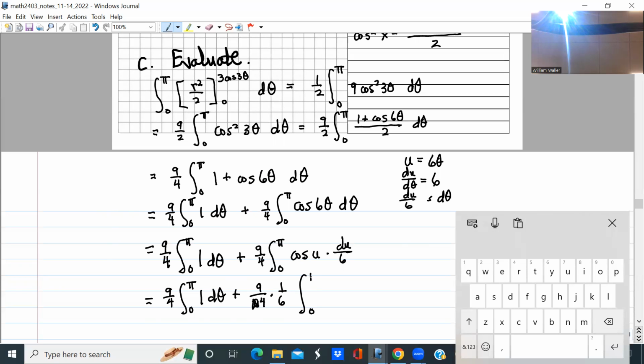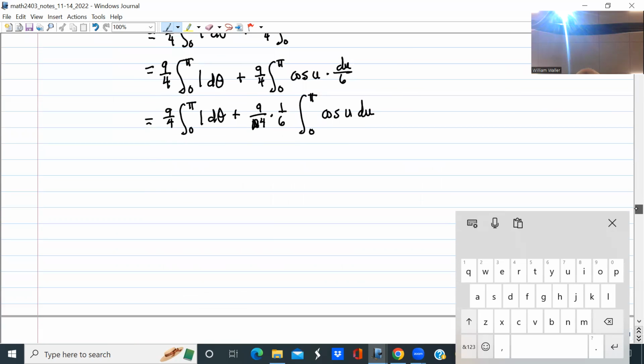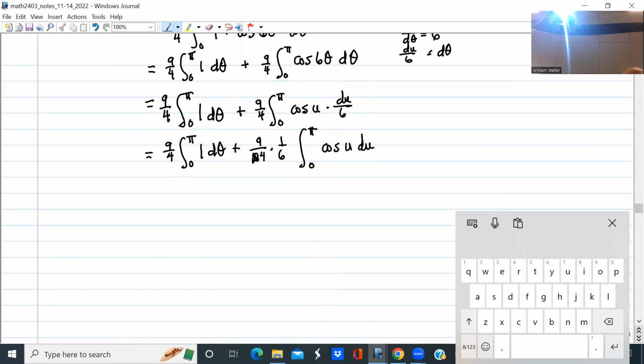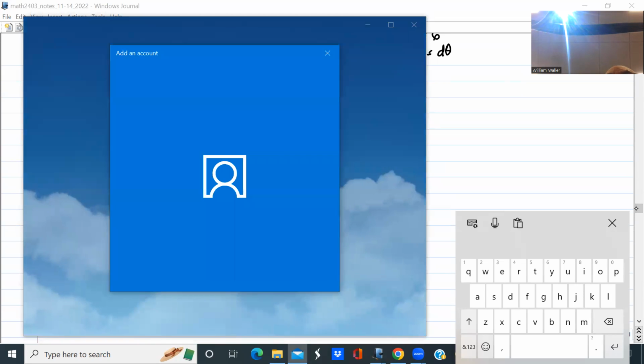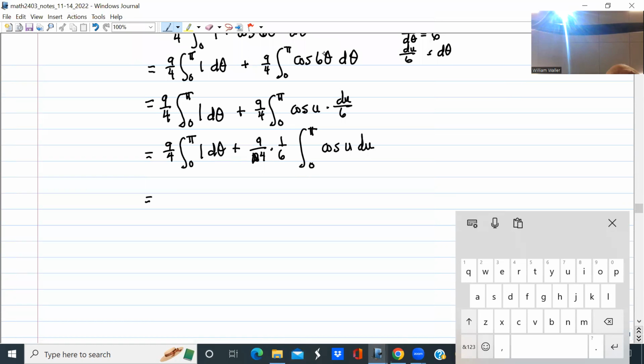Antiderivative of cosine of u du. But that we know what that is. That's just sine of u. And then we can just substitute back in the fact that u was 6 theta, right?